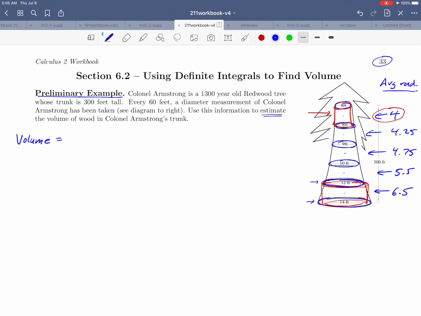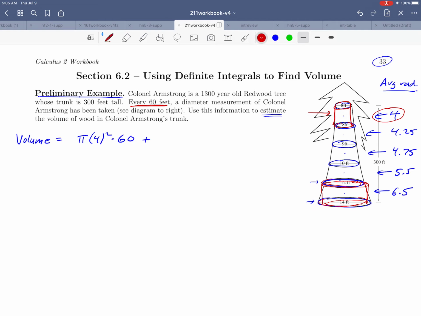So the volume that we should get is pi times 4 squared times the height. Remember that formula for the volume of a cylinder? Pi r squared times the height. What is the height of this slice that we're looking at? Well, they told us that in the problem. We're measuring diameters every 60 feet, so the height of each slice is 60 feet. So pi times 4 squared times 60.